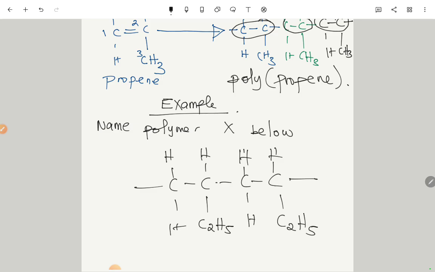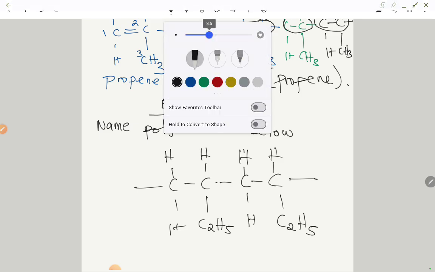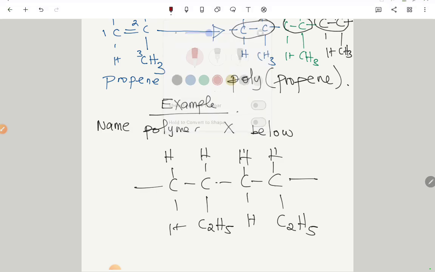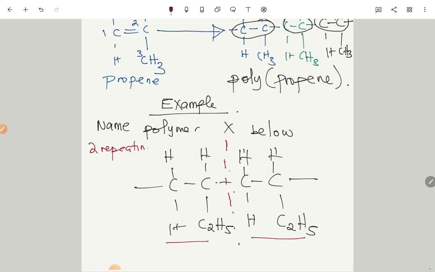Okay, now when you have this, this question is very cheap. All you need to do is count the number of carbon atoms present. So here, you notice that in this structure, this is repeating itself. So here we have 2 repeating units.